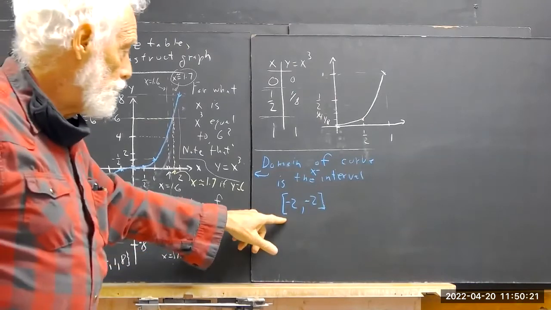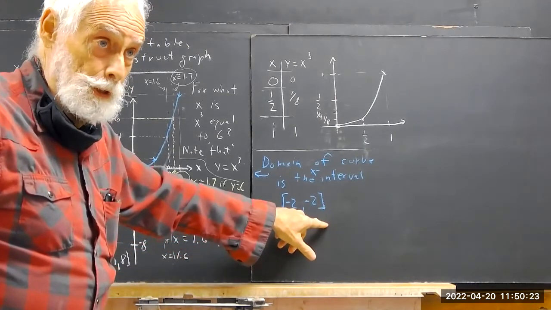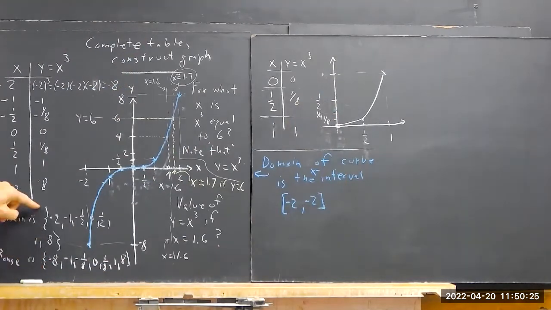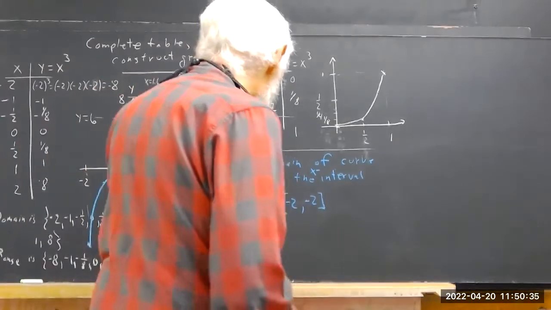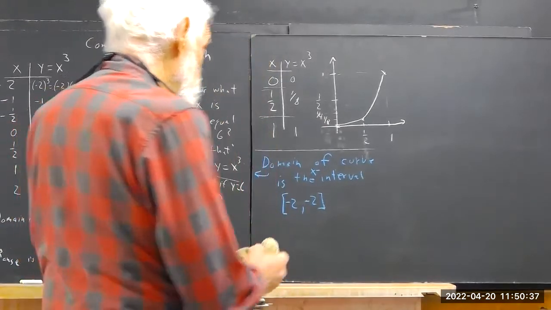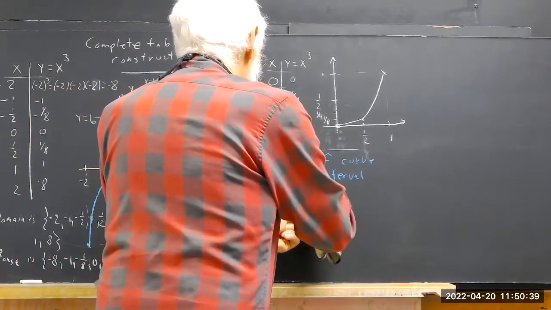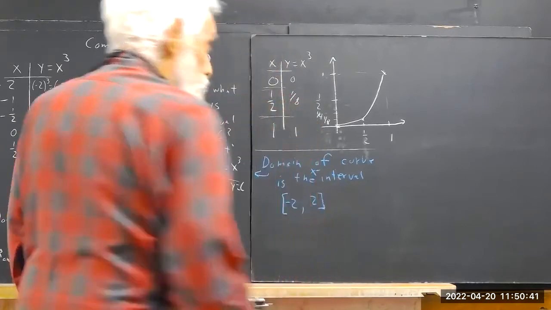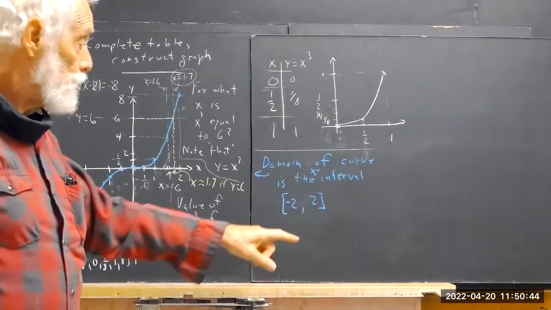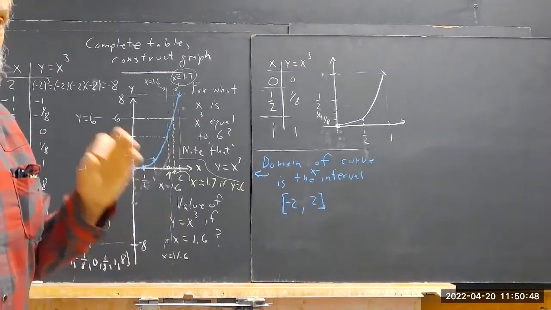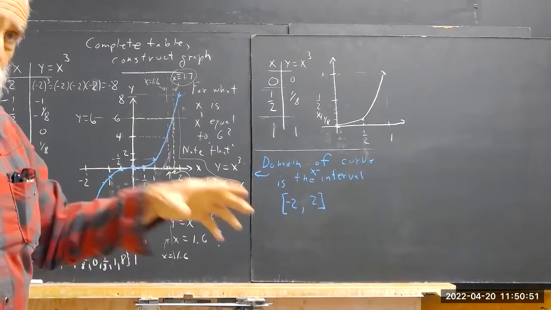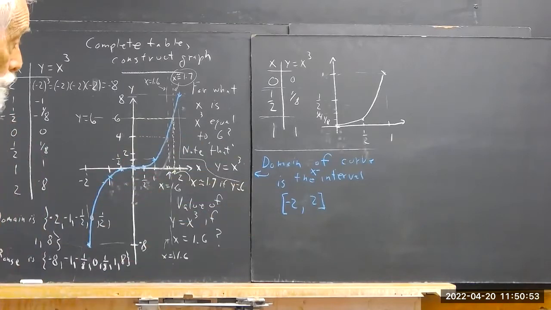And this notation, I used brackets. Now, when I wrote sets, I used braces. I use braces if I'm listing my numbers, but I can use brackets because I can't list all the numbers between -2 and +2. It's all the numbers between -2 and 2. And that's an interval.